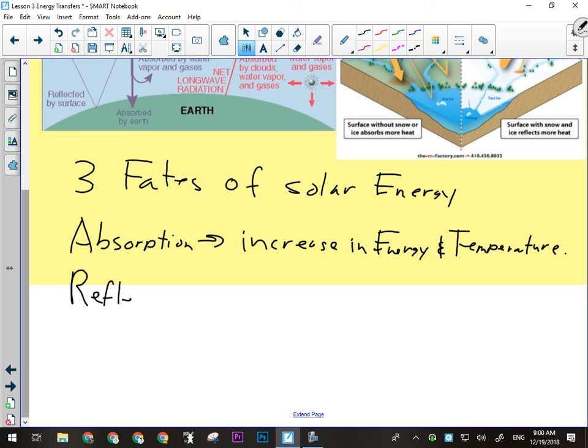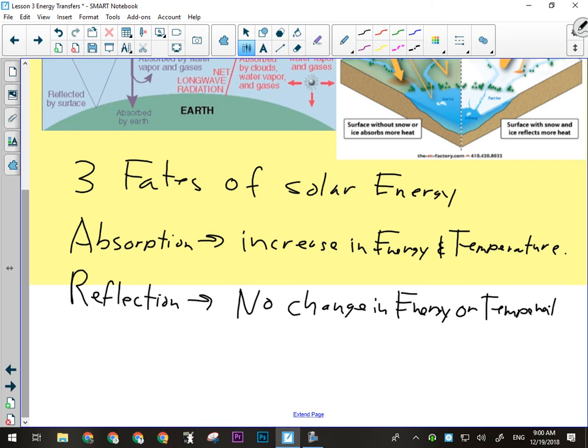Reflection: no change in energy or temperature.